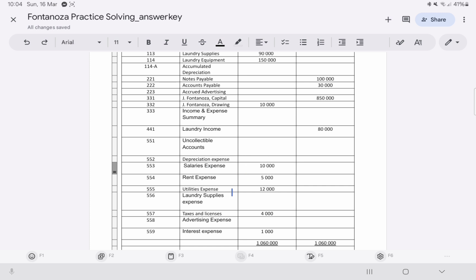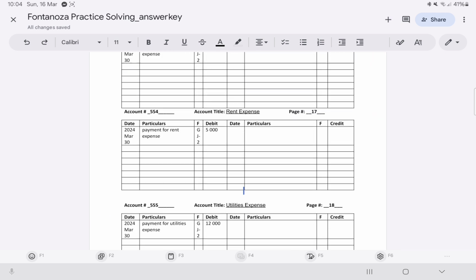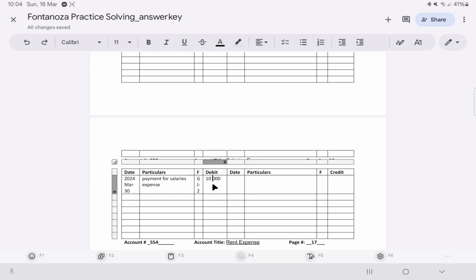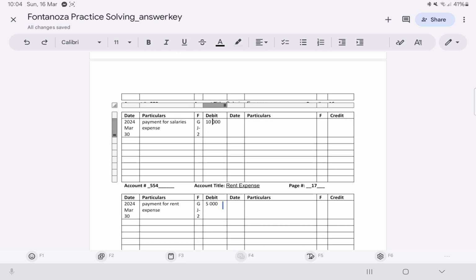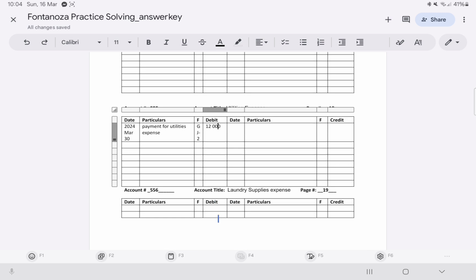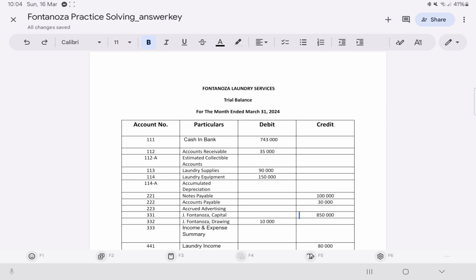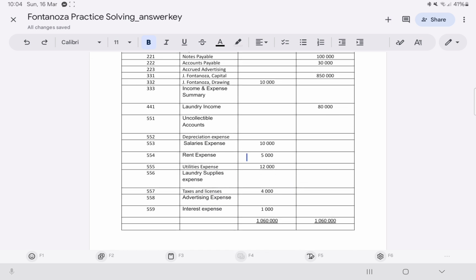And salaries expense, 10,000. Rent expense, utilities expense, 12,000. So, if you're going to refer here, salaries, 10,000 debit. Rent expense, debit, 5,000. And utilities expense, debit, 12,000. Okay? And the laundry supplies is no data yet. So, same here.